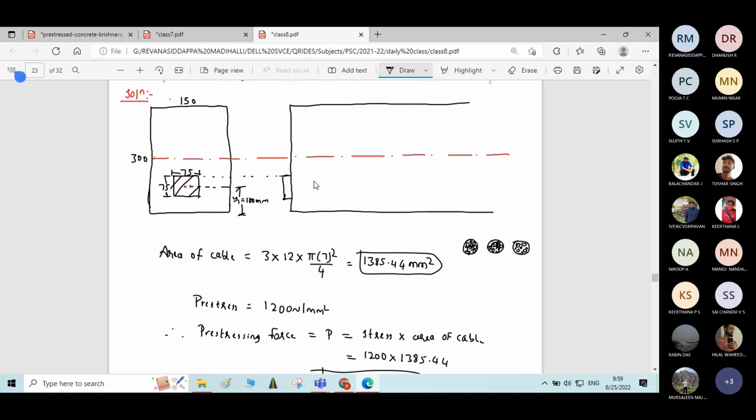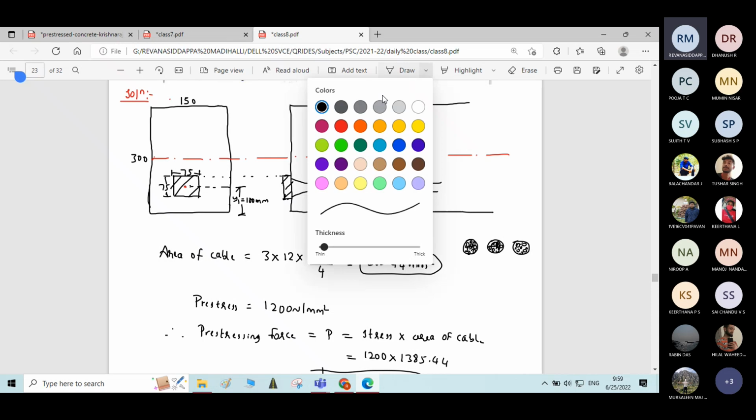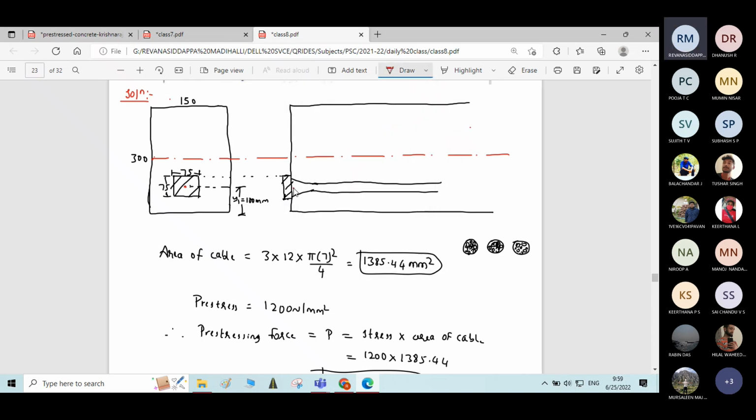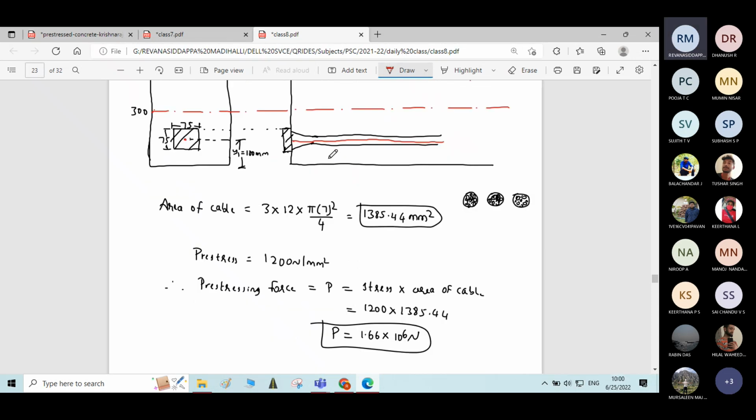This is the plate. The cable is carried through a female cone like this. All the cables are carried through this female cone, and the dia here is 30 mm.